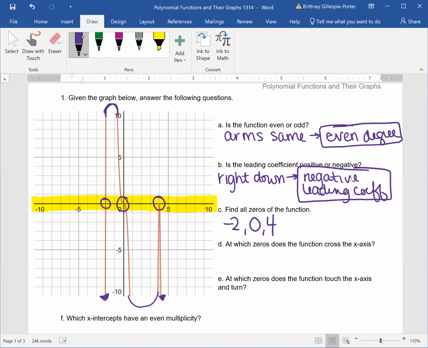We want to know at which zeros does the function cross the x-axis. And cross literally means that we go from one side to the other. So if we're looking at our graph and we're going from left to right, and we trace it along, we cross from below the x-axis to above at our x equal to -2.